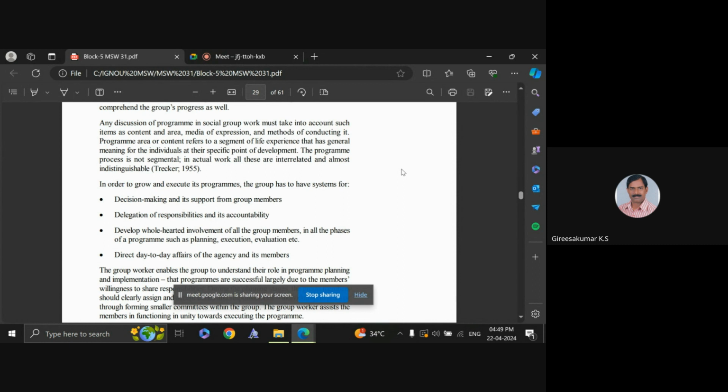That is delegation of work. Then develop wholehearted involvement of all the group members, otherwise it won't be successful. Then direct the day-to-day affairs of the agency and its members.